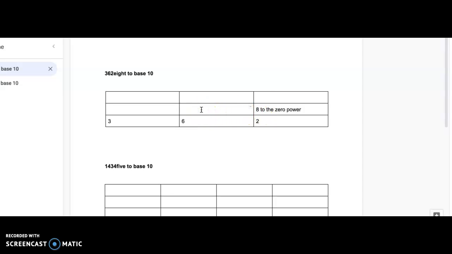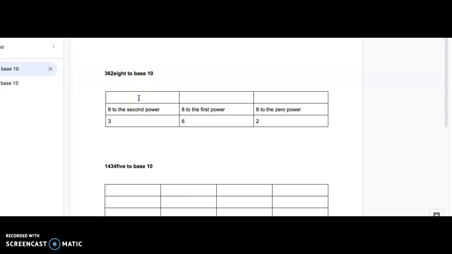And then above our 6, moving up 1, we are going to have 8 to the first power. And then moving up 1 more, above our 3, we are going to have 8 to the second power. And again, we are using 8 because we are in base 8.